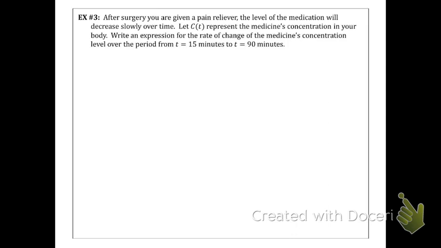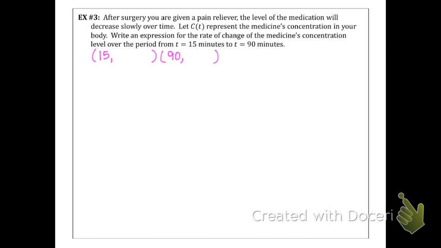All right, so we don't actually know an equation to be able to get a Y value here. So we know it's going to be 15 comma something, and we also know that it would be 90 comma something.